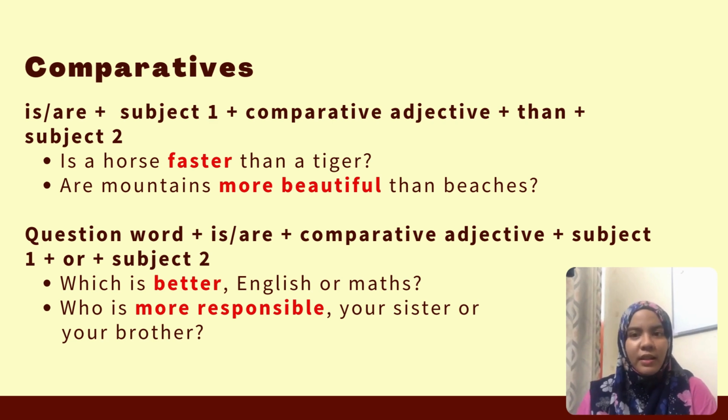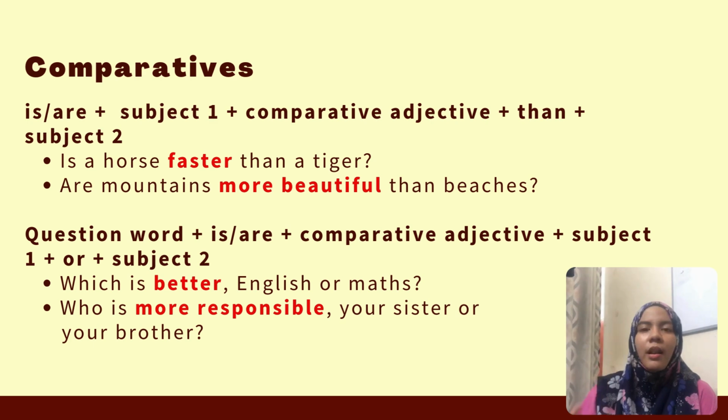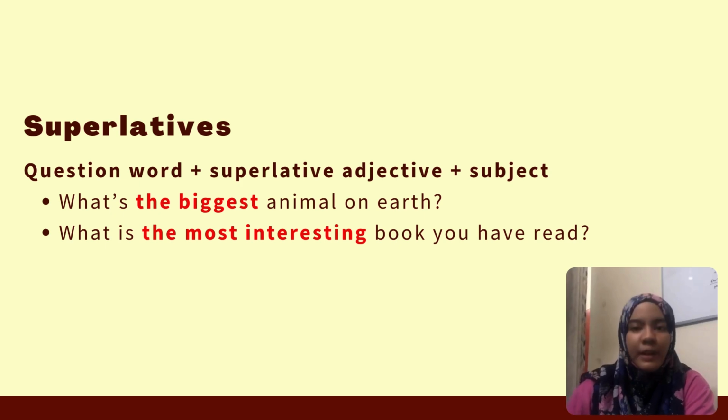If you noticed, because we are forming question using comparative, we have to have two subjects. Like in the first example, is a horse faster than a tiger? The subjects we have here are two, which are horse and tiger. What about superlative?